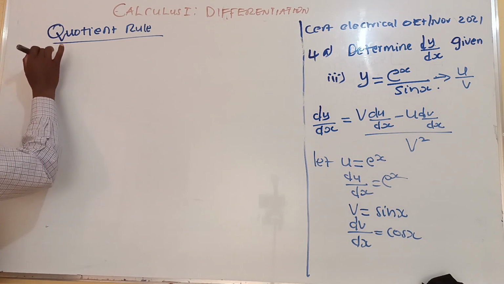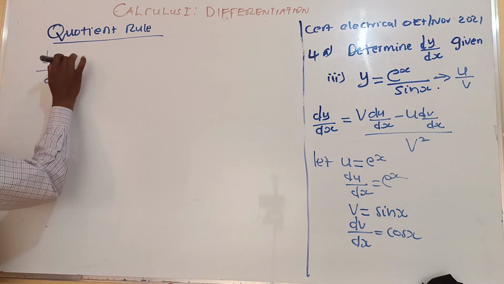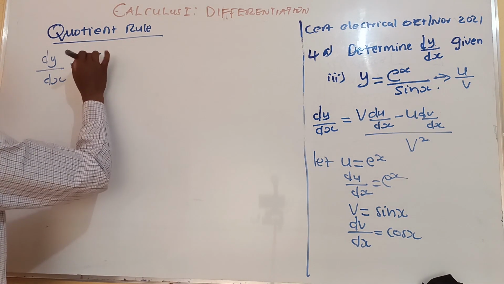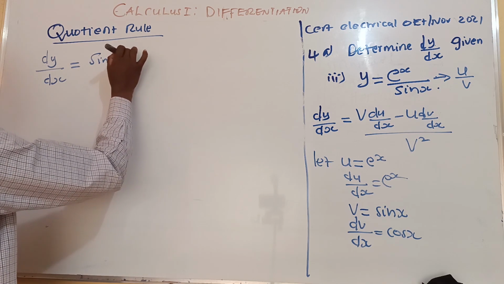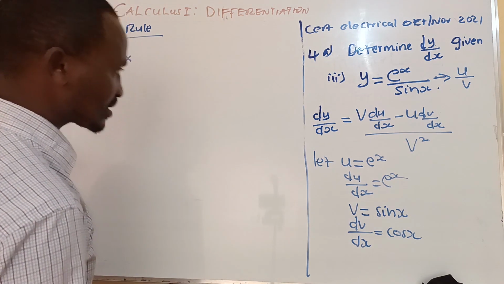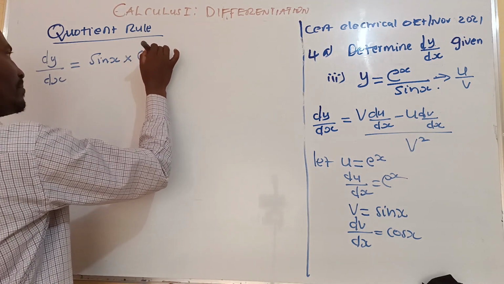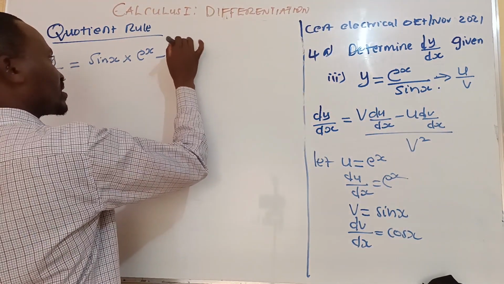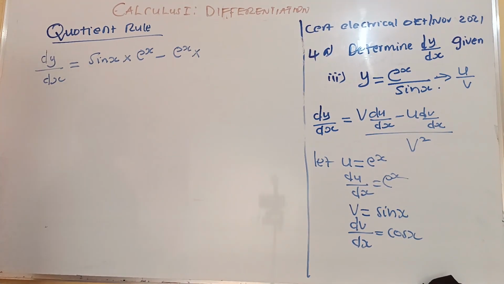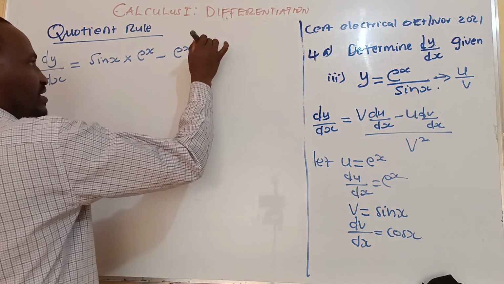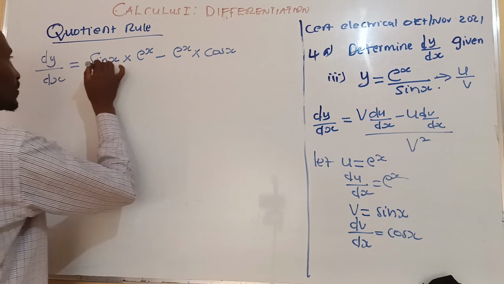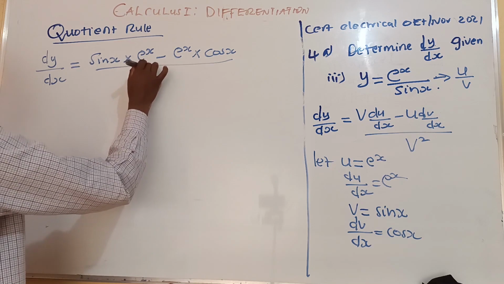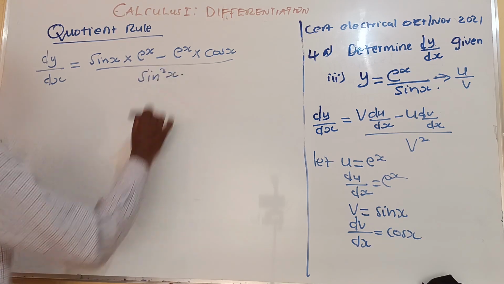Now dy dx, just substitute the values in the formula. dy dx will be v, which is sin x, times du dx, which is exponential x, minus again u, which is exponential x, times dv dx. dv dx is cosine of x, all over v squared. v is sin x, so this is sin squared x.